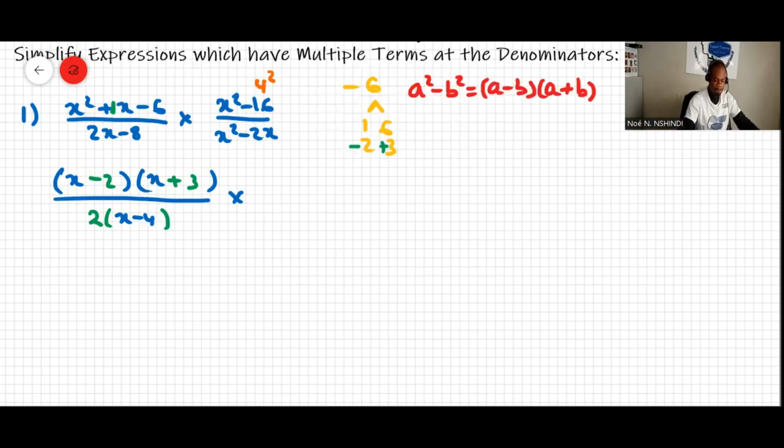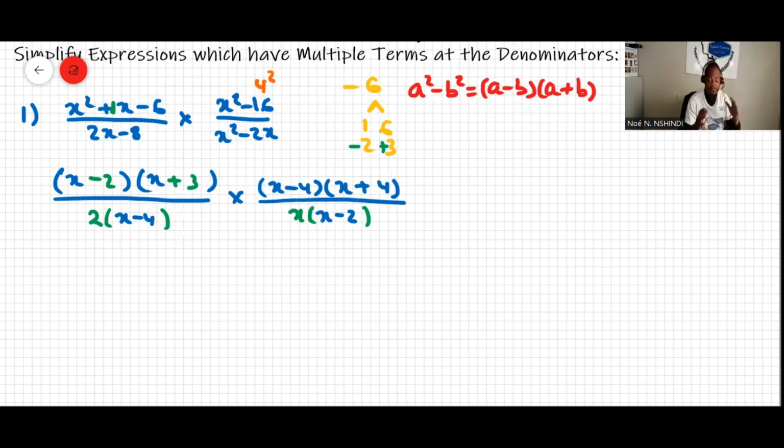So over here, I will write x minus 4 in the bracket like that, and then x plus 4 there. At the denominator, the common factor is just x, and then we will have x minus 2 there.